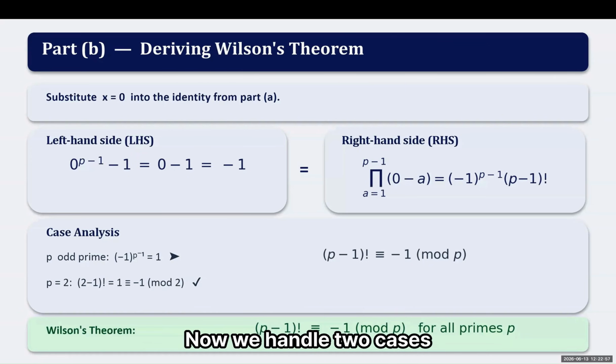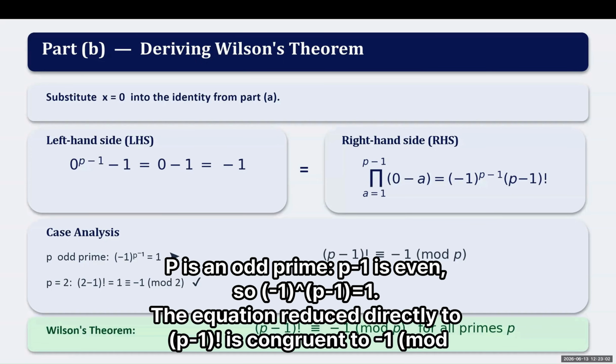Now we handle two cases. If p is an odd prime, p minus 1 is even, so (negative 1) to the p minus 1 is equal to just 1. The equation reduces directly to (p minus 1) factorial is congruent to negative 1 mod p.